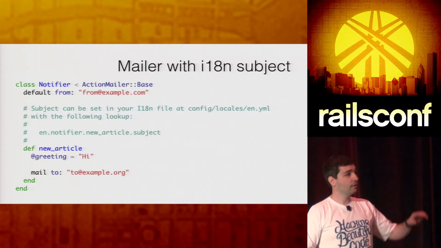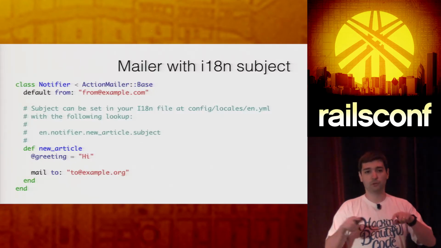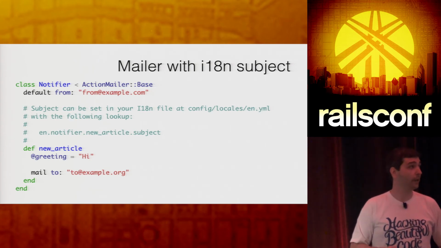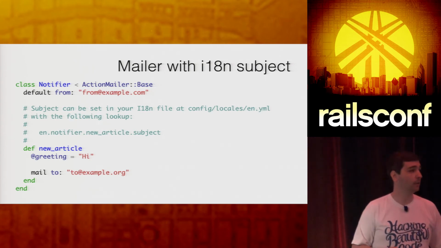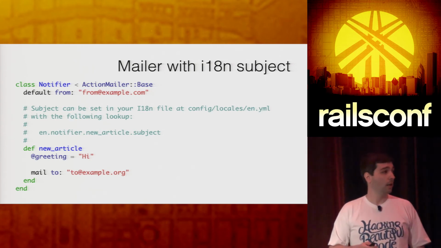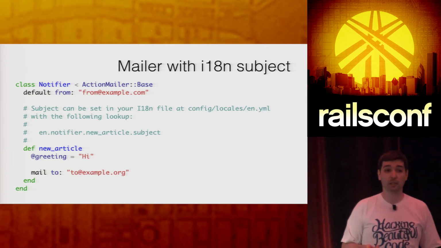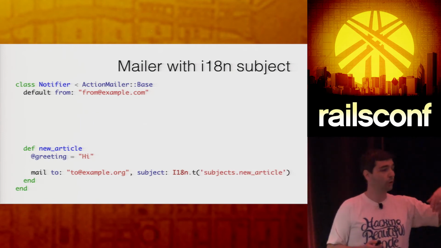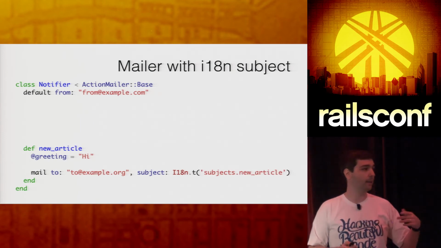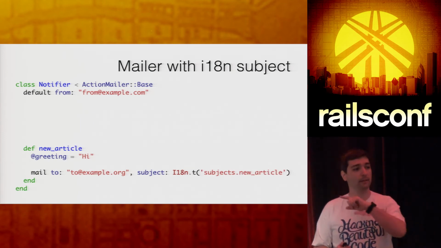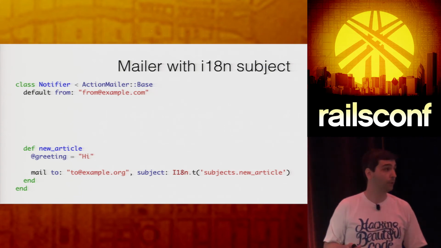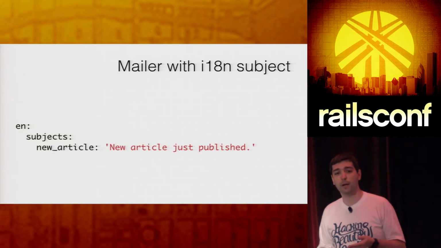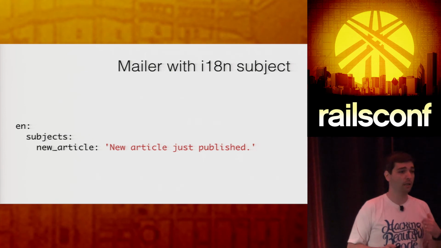So this is a newly generated, just rails generate mailer notifier with a new_article method, and you get something like this. And what people do when they need to change the subject, like to use internationalization or something like that, is throw that comment away and add a subject call with an I18n call in there, which works. You just add that to your locale file, and it's going to work, right?